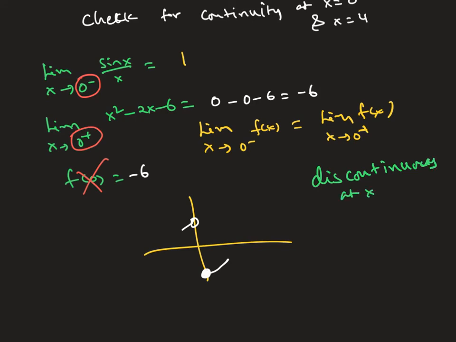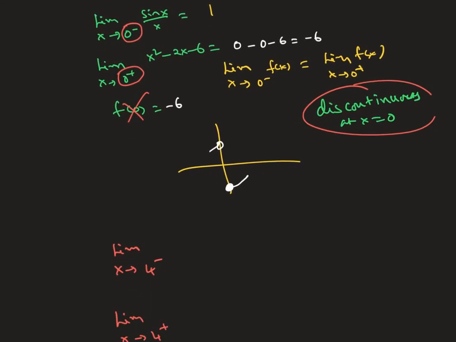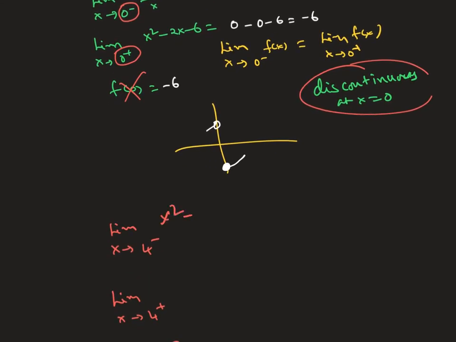Now let's check at x equals 4. So for 4 from the left side, I take the second piece because that's the domain that says less than 4. So x squared minus 2x minus 6. Plug in this value, 16 minus 8 minus 6, that is 2.